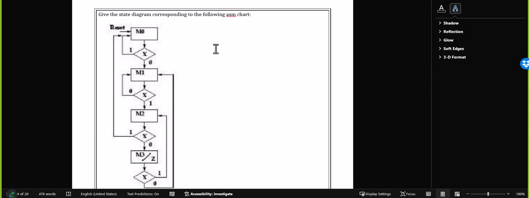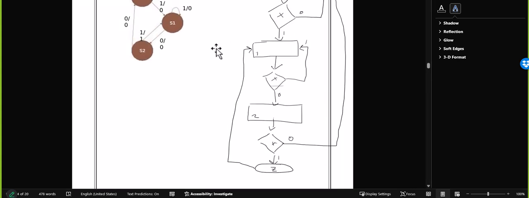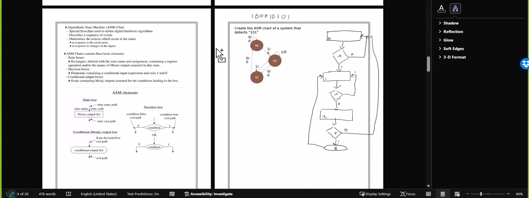Were there questions before I move on? No. To be clear, those are not used. Notice you don't put the output when the output is 0.